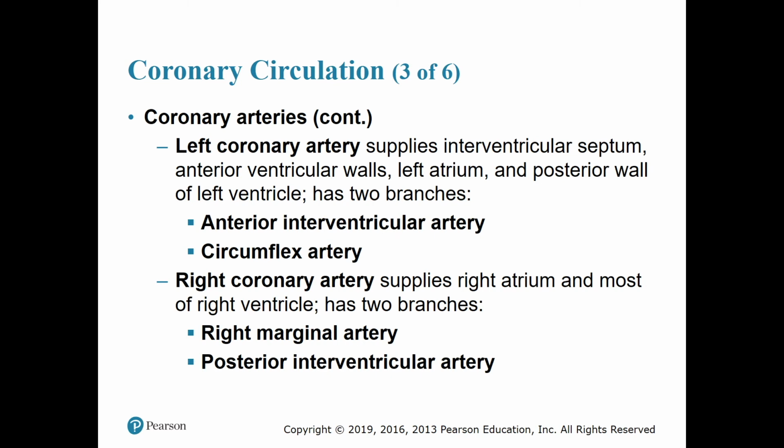The left coronary artery supplies the interventricular septum, anterior ventricular walls, the left atrium, and posterior wall of the left ventricle, and it has 2 branches, the anterior interventricular artery and the circumflex artery. The right coronary artery supplies the right atrium and most of the right ventricle and has 2 branches, the right marginal artery and the posterior interventricular artery.